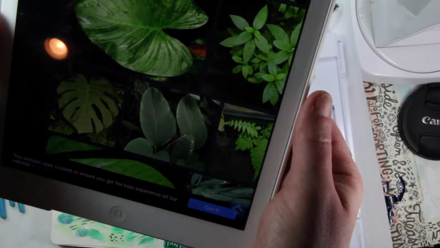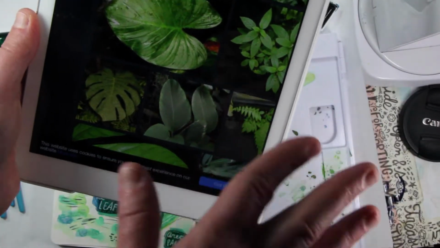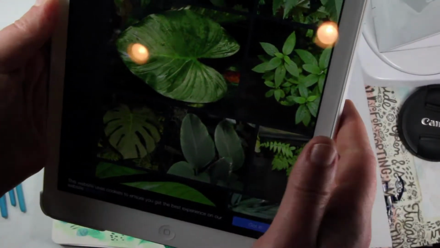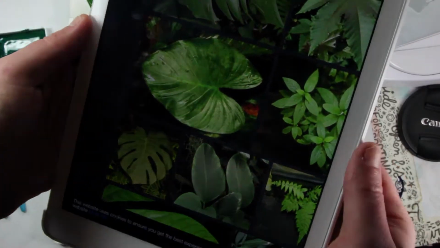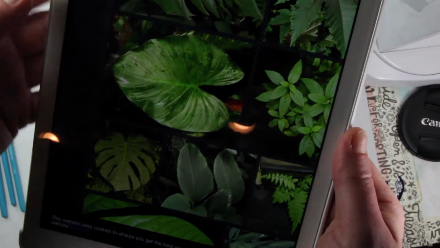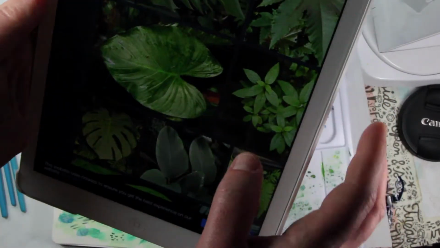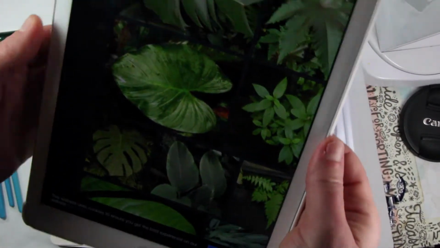It's kind of like once you know the rules, you can break them, how you can bump up against the boundaries of the actual reality of the leaf and take creative license. So let's get started painting.